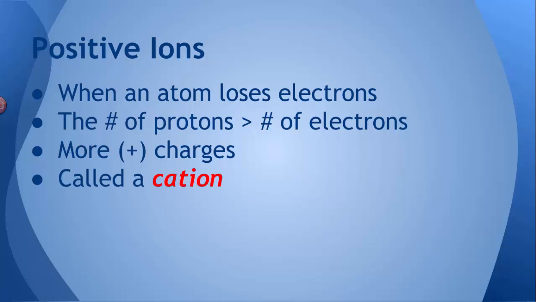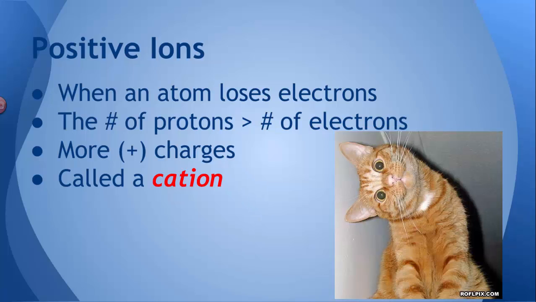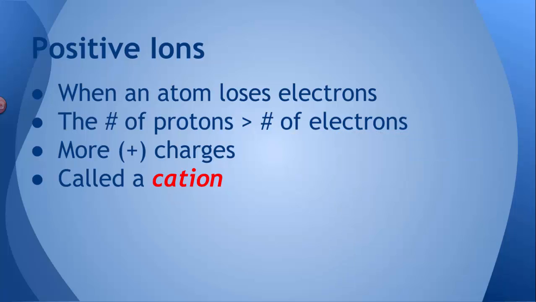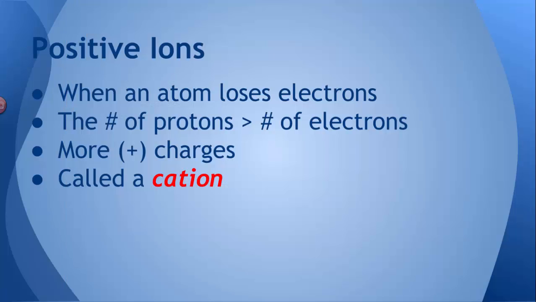Okay? We call this a cation. Now, it's not called cat-ion. It's called cation. So remember how to pronounce that, because it's very important. Nothing says that you don't know what you're talking about more than when you mispronounce a word like cation. Okay? Cation, the prefix cat means positive in chemistry.